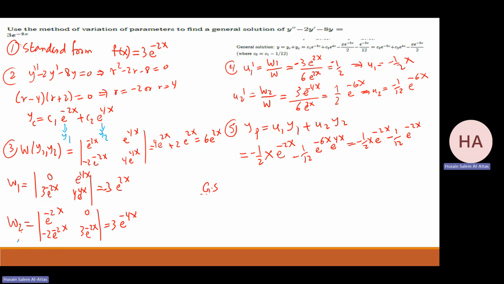General solution, here is the trick, is YC plus YP, which is what? C1 e to the minus 2x plus C2 e to the 4x, minus half x e to the minus 2x, minus 1 over 12 e to the minus 2x.